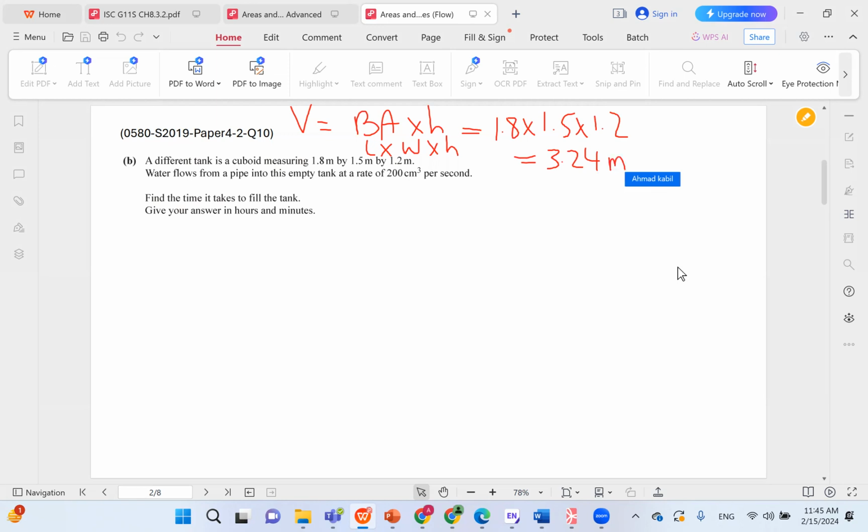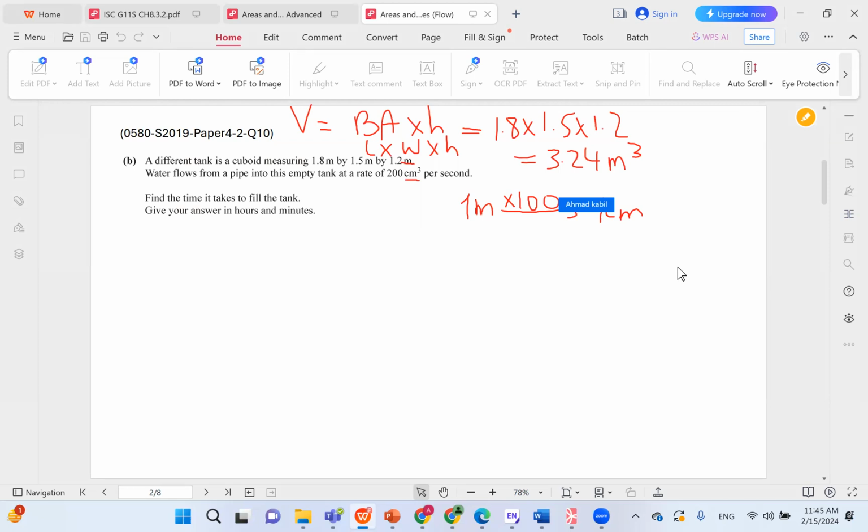3.24 meters cubed, because here this is in meters, this is in centimeters, so we're going to have to do a conversion. So in order to get the volume in centimeters cubed, we remember that 1 meter goes to 1 centimeter by multiplication by 100.